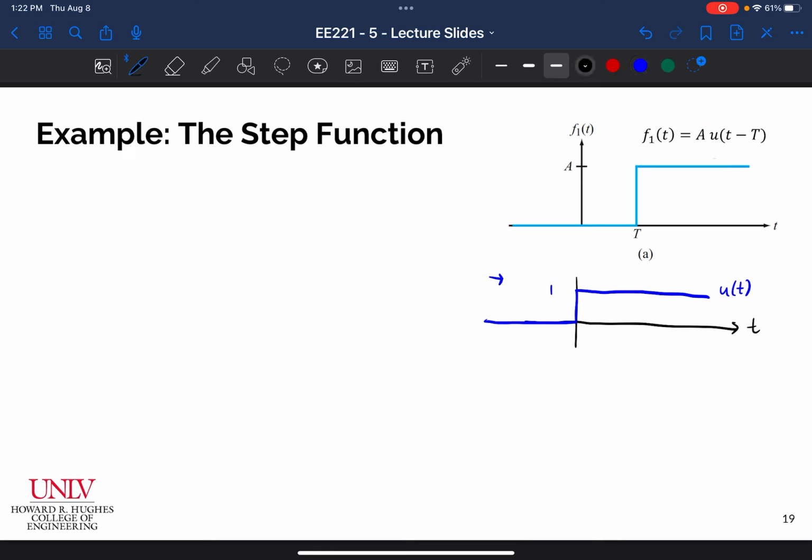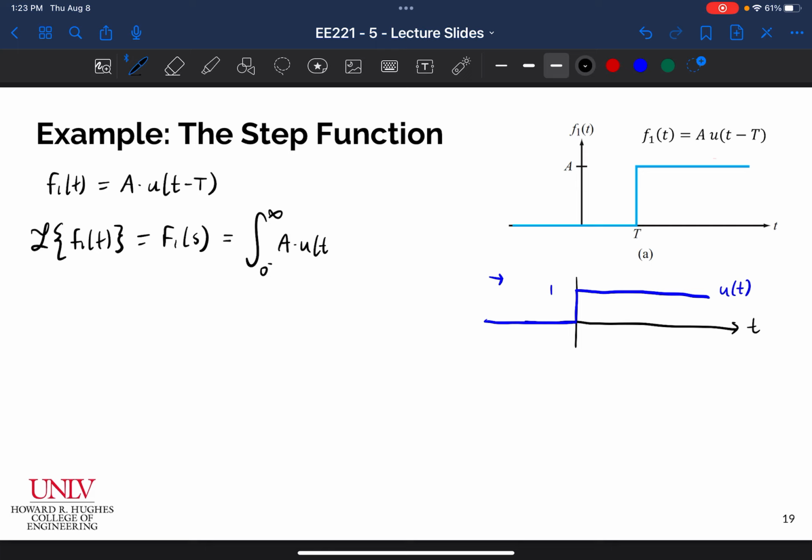But we want to take the Laplace transform. So my f1 of t is equal to a times u of t minus big T. And I want to take the Laplace transform of f1 of t, which will give me f1 of s, right? A new function of s. And that's going to be, by definition, the integral from 0 minus up to infinity of a u of t minus T, right?